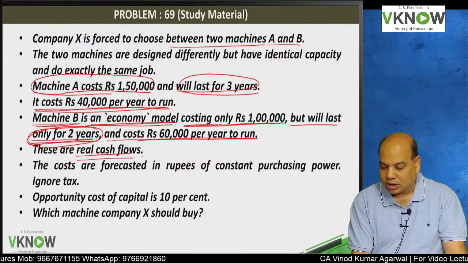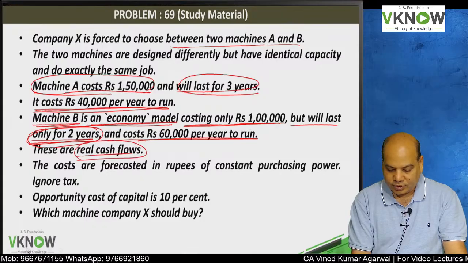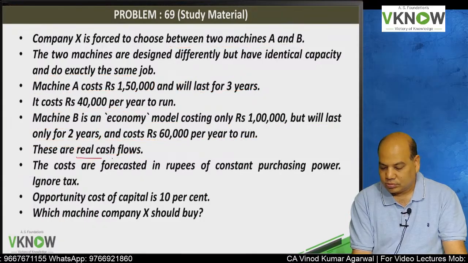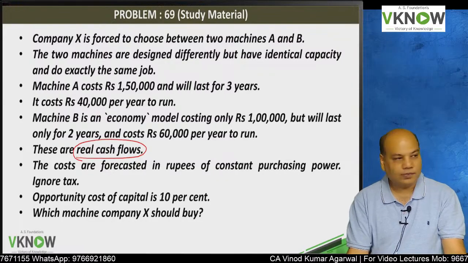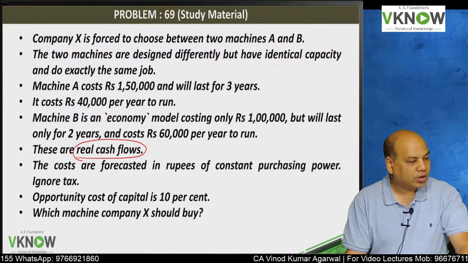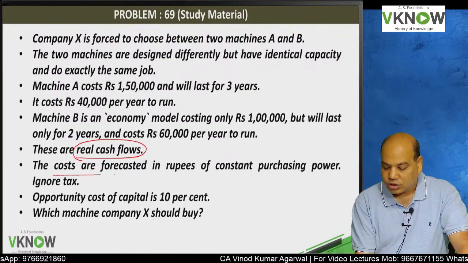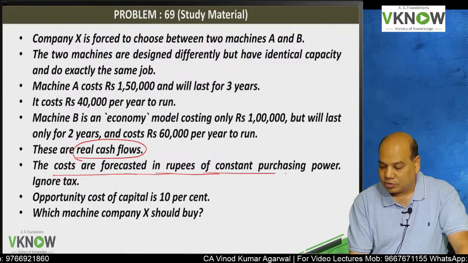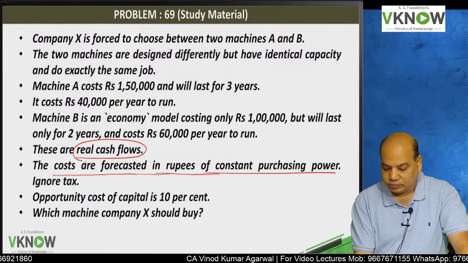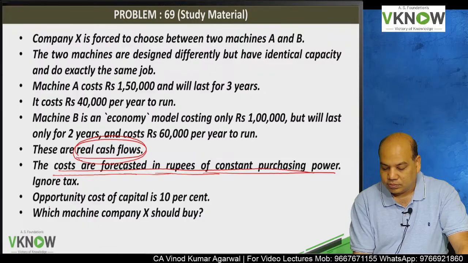These are real cash flows. What is real cash flow? Cash flows excluding the effect of inflation. The costs are forecasted in rupees of constant purchasing power. So these are real cash flows excluding inflation.